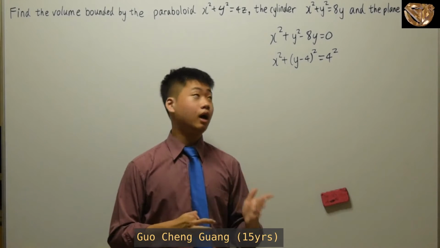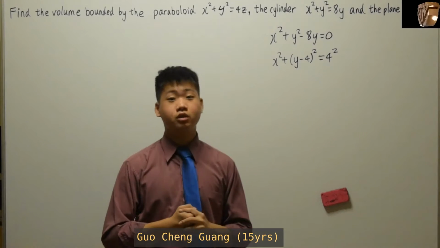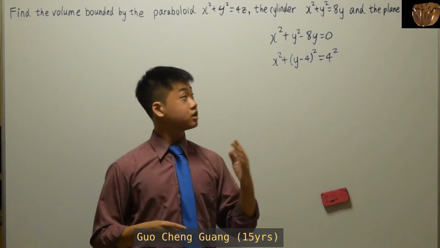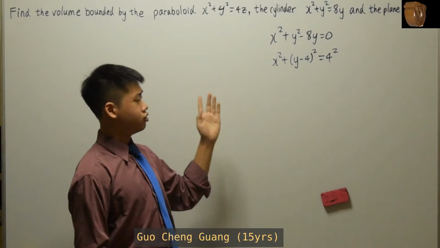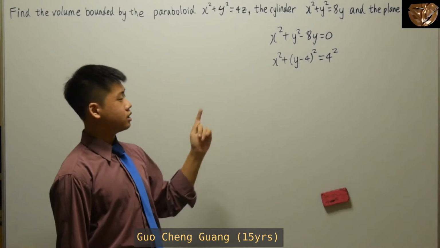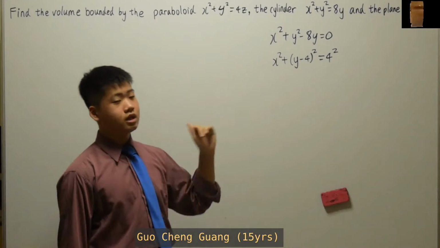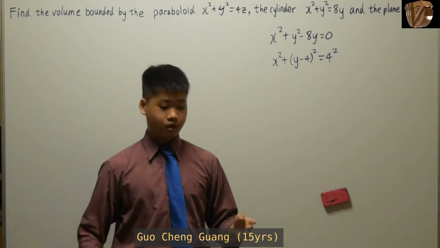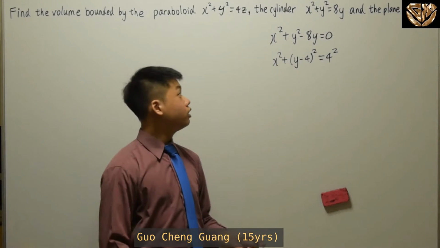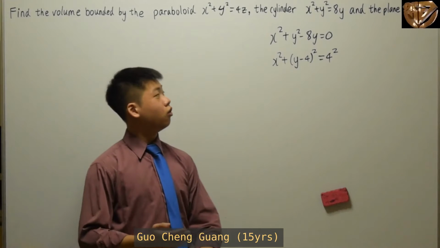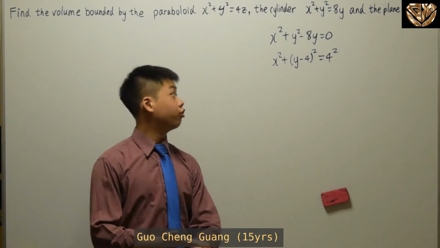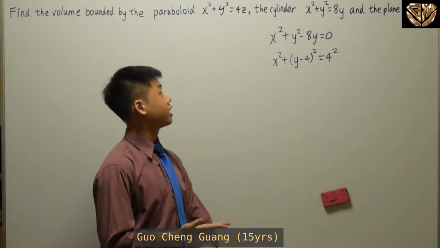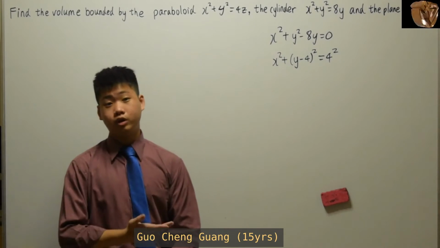So how will your integration turn out? Once you imagine this kind of boundary, you will realize the plane z is equal to 0 is just the xy plane. Would the z value go from the xy plane to the cylinder, or from the xy plane to your paraboloid?